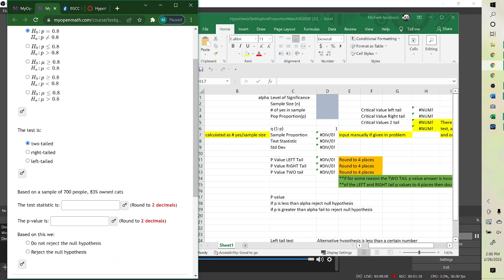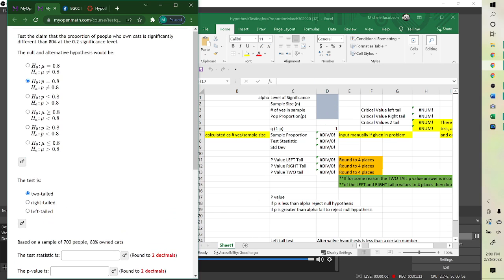To find the test statistic and the p-value, we enter here. So we want level of significance 0.2. And then sample size, down here it said 700 people. The number that said yes, instead of telling us the number that said yes, it said 83%.